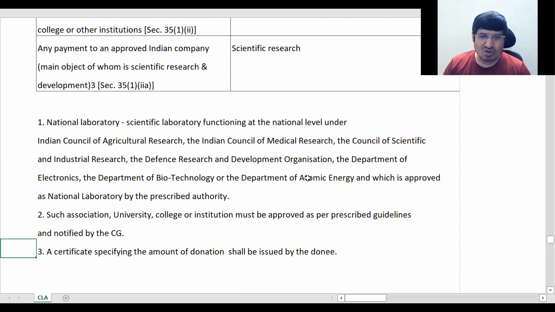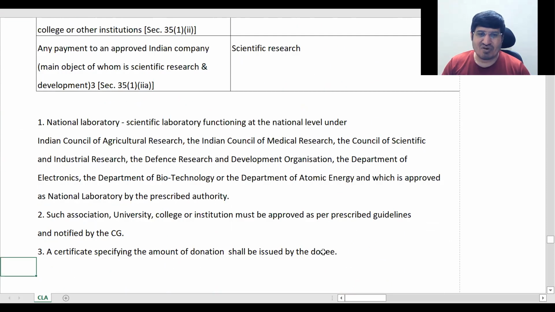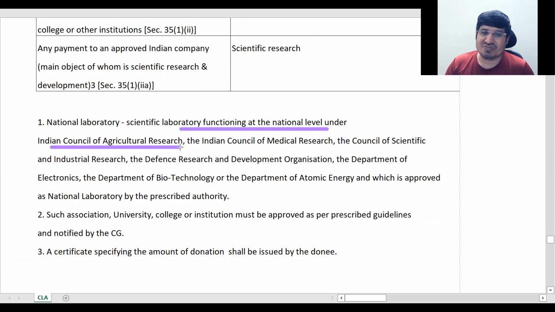और ये नीचे थोड़े notes है 1 2 3. One is what is national laboratory, जो whatever we've seen here. ठीक, ये enough है आपके लिए. They'll give national laboratory and that will be sufficient for you. एक बार पढ़ लेते हैं कि क्या है. Laboratory functioning at national level. Okay, Indian Council of Agricultural Research, Indian Council of Medical Research, ICMR.